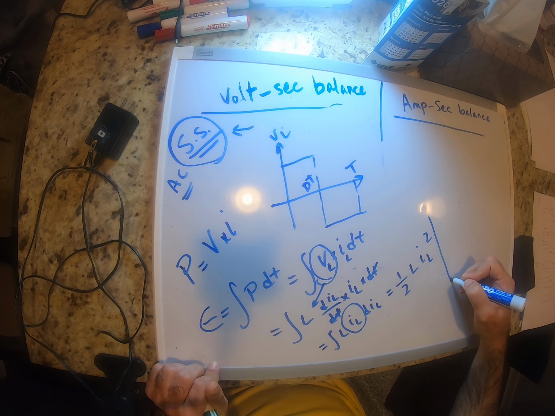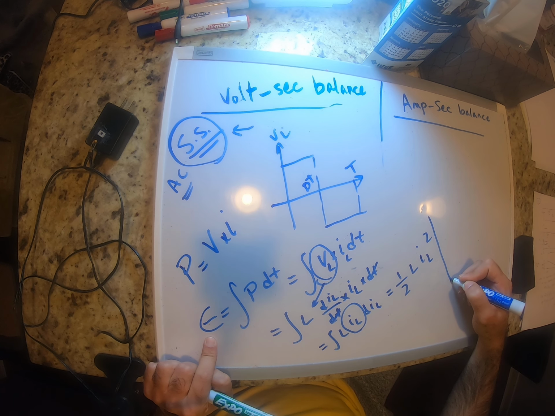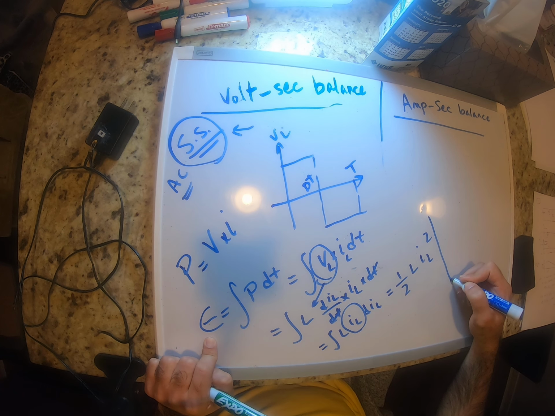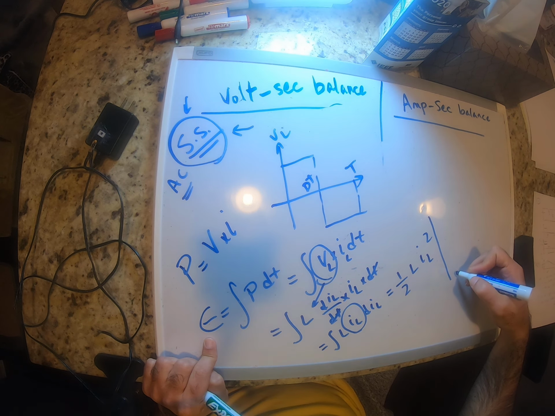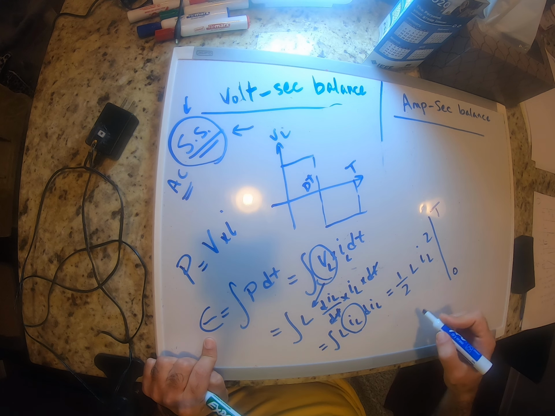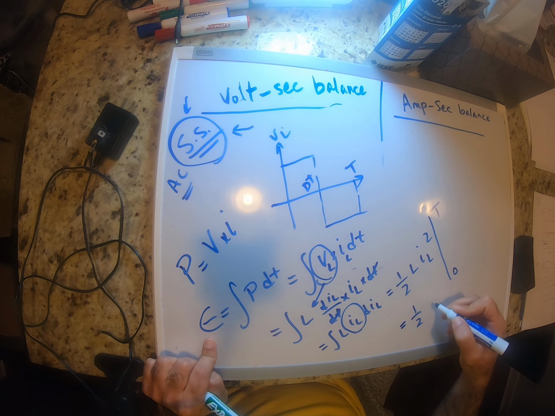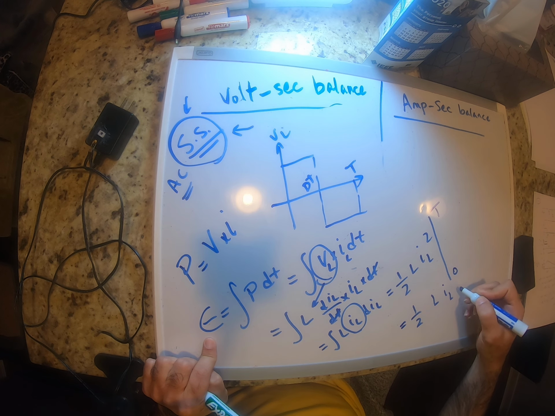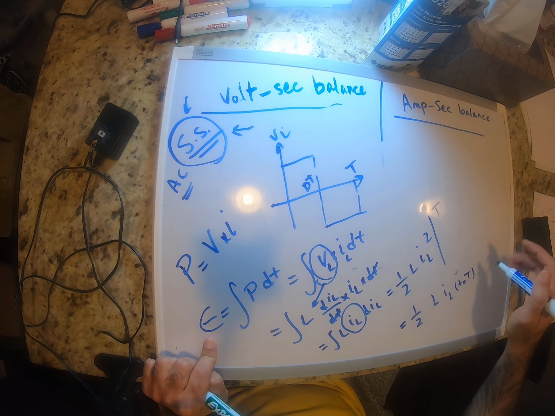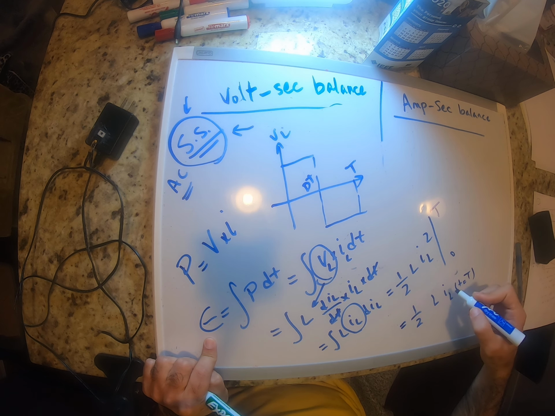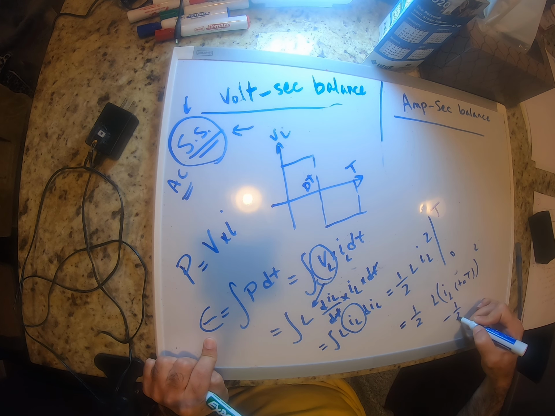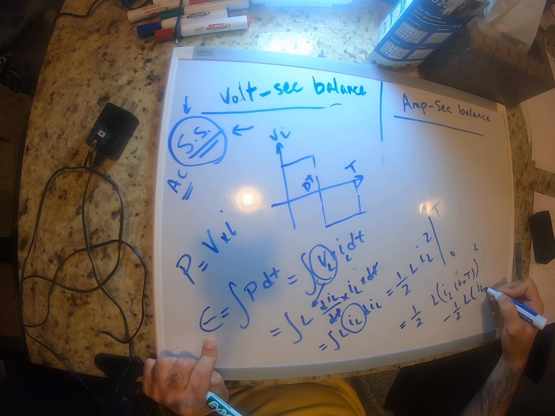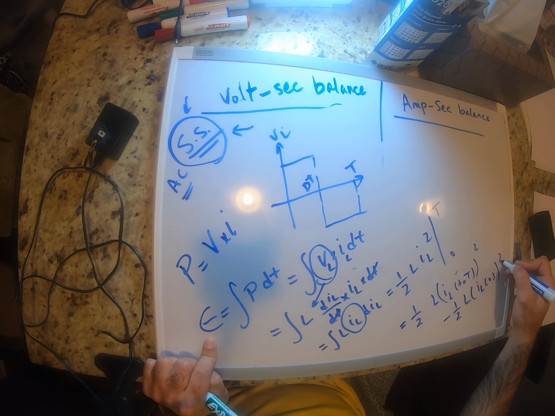Over one period, the energy that gets stored in an inductor, if we are in the steady state mode, is going to be 1 over 2 L IL at t equal T, which is the period, squared, minus 1 over 2 L IL at t equal to 0 squared.